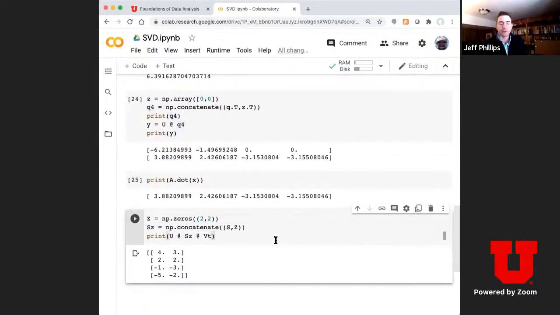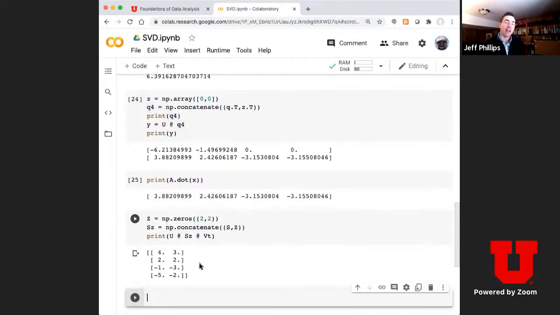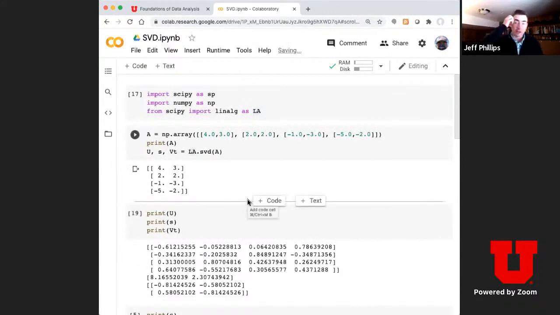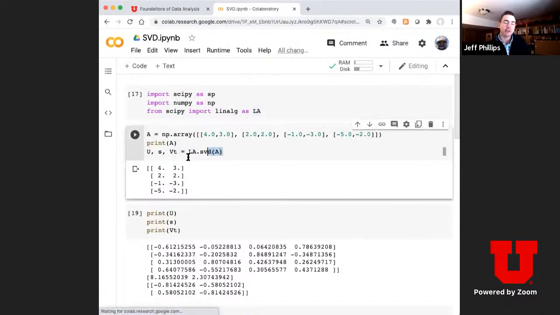Okay, and I can also see that I can recover A from U times S times V transpose. Again, because it gave me this trimmed version of S, I had to concatenate a zeros matrix on the bottom here. But if I do that, I'm going to get back A. So to get this working, there's a little bit of linear algebra you need to do in Python, but it's this built-in SVD call.